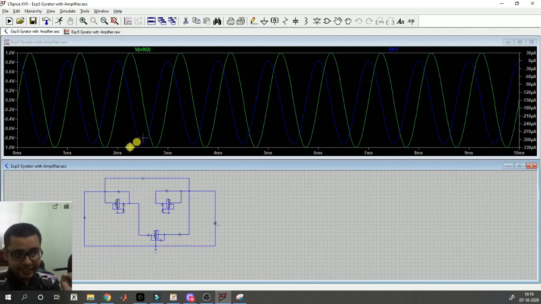If it is really behaving like an inductor, then the impedance of this circuit should be proportional to the frequency. So vary the frequency and check that yourself. That is your second task.